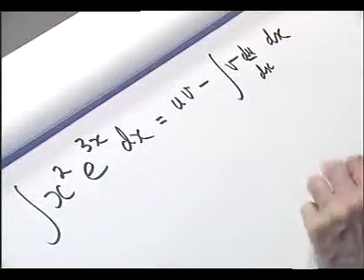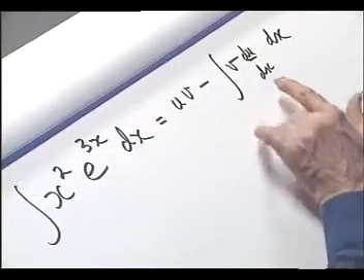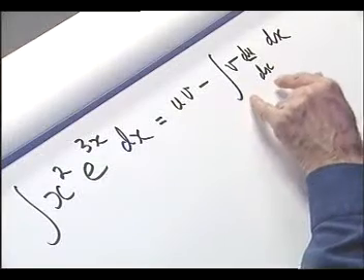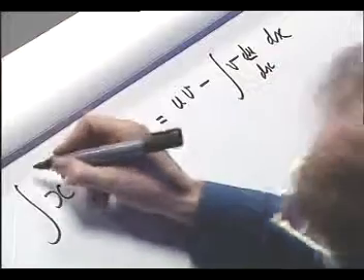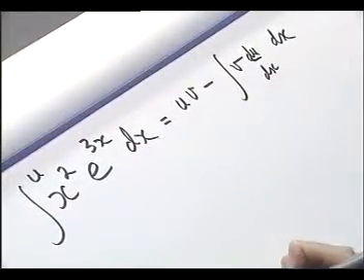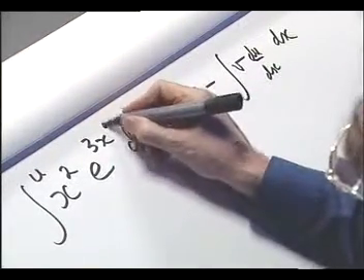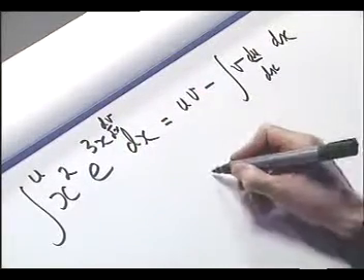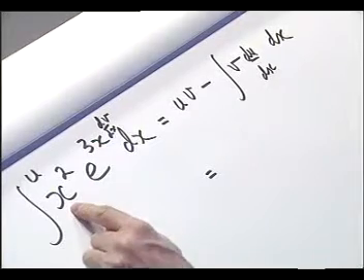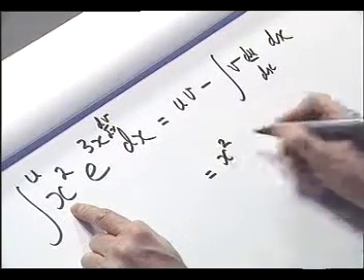So let's make that choice, and we're probably going to have to recognise we're going to have to do this second integral again by parts. So we'll choose this to be u, and we'll choose this one to be dv by dx. So u equals x squared.